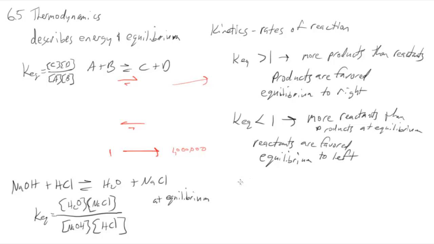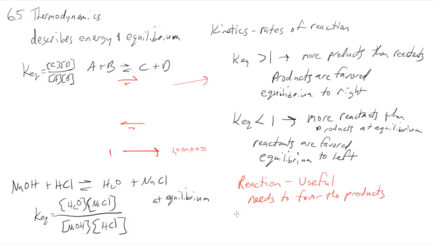And one of the keys to this is that for a reaction to be useful, it needs to favor the products. Otherwise, we can't really get that reaction to go. So there's some ways that we can force it to favor the products, and we'll talk about those occasionally during class as well.